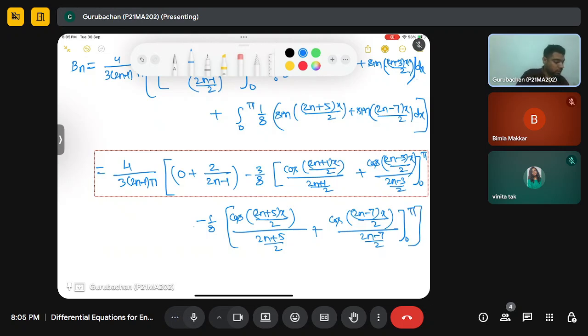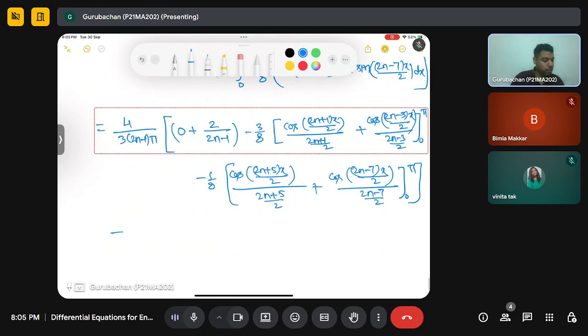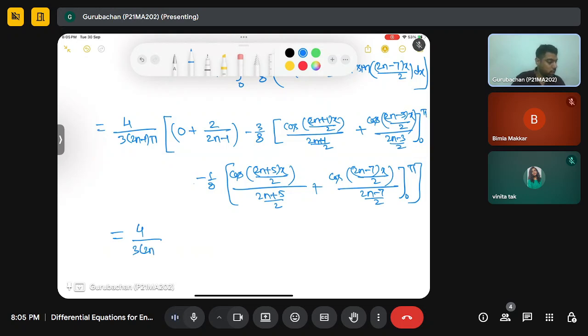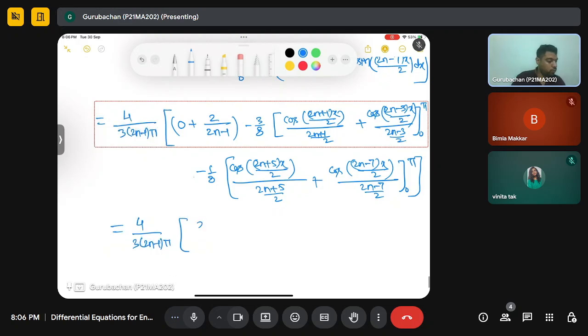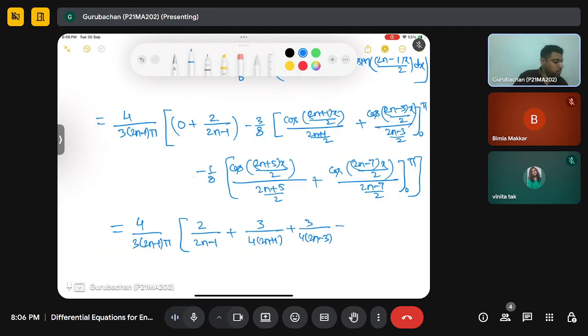So this is our whole integration, and again at pi these values are 0. You are left with the case when x is 0, 2n minus 1 pi. So this will give you the value 2 by 2n minus 1, plus 3 by 4 (2n plus 1) plus 3 by 4 (2n minus 3) plus 1 by 4 (2n plus 5) plus 1 by 4 (2n minus 7).